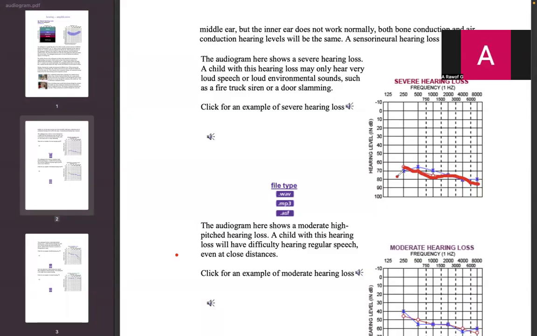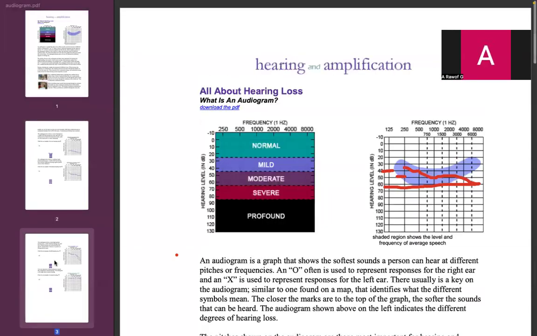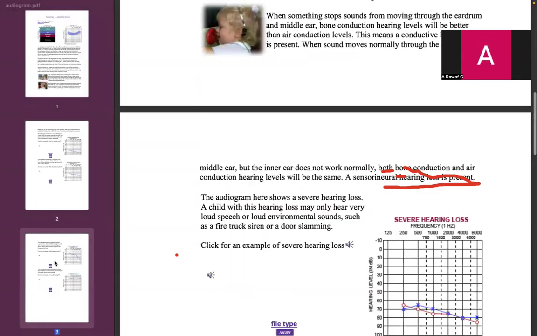Above 85 or 90 is profound. So this is severe hearing loss, between 70 to 90.